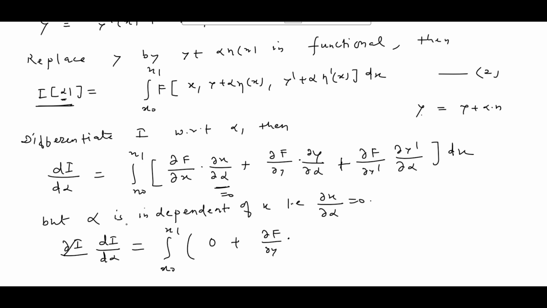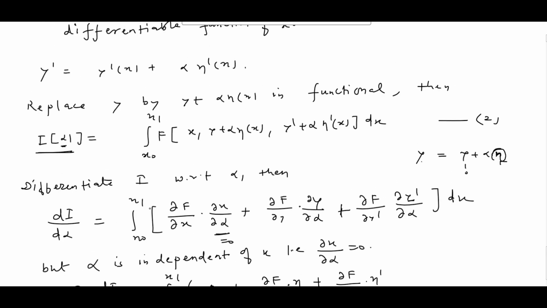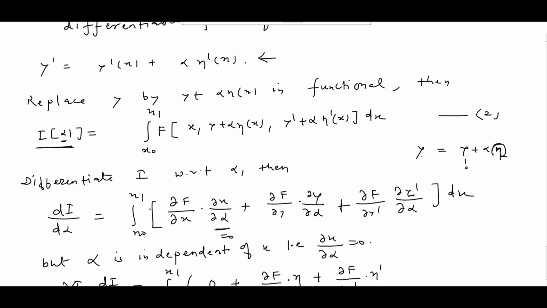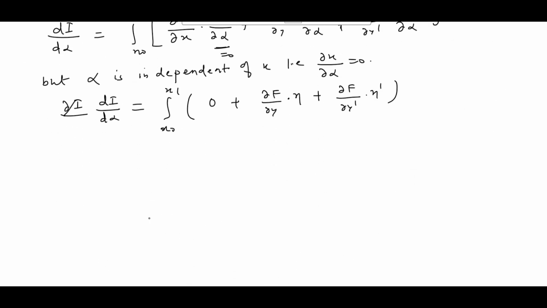If we differentiate y with respect to alpha, this quantity will be 0 and this quantity will be 1, so remaining will be eta. So here will be eta, plus del f over del y dash, and the derivative of y dash with respect to alpha will be eta dash from here. So therefore that is dx.